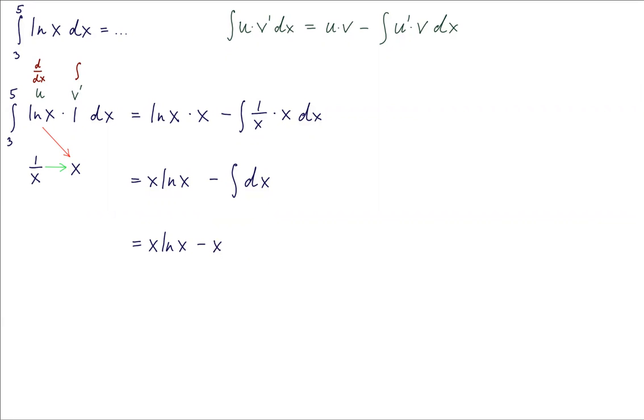Now, we're not done yet because we were given originally a definite integral with the limits of integration from 3 to 5. From 3 to 5. So we need to apply limits of integration to the answer we've got so far. Okay?